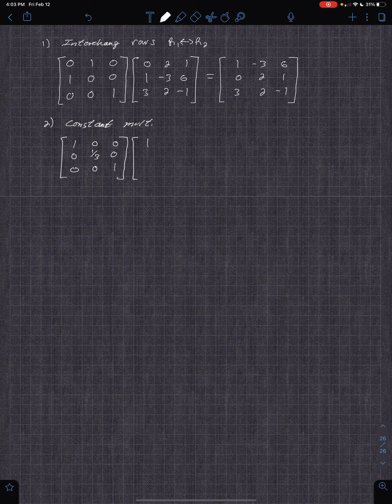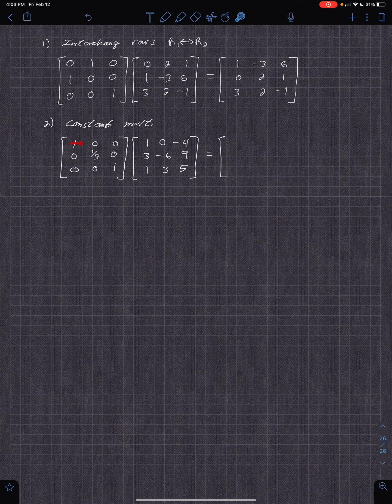So 1 0 -4, 3 -6 9, 1 3 5, and then again use a calculator or computer or by hand. Ideally you do this by hand, and you see that it ends up being a constant multiple of row 2.